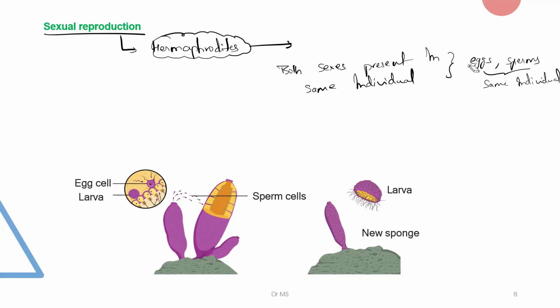So these egg and sperm will fuse and form the zygote. That zygote will develop inside the body. And this fertilization, the fusion of the egg and sperm, will happen inside the body. Can you name what we call fertilization happening inside the body?